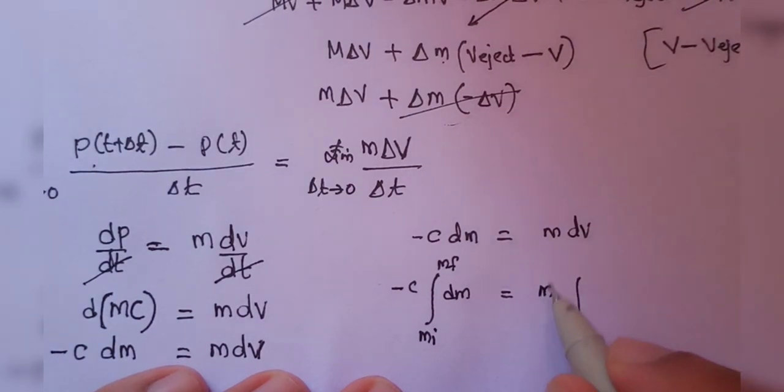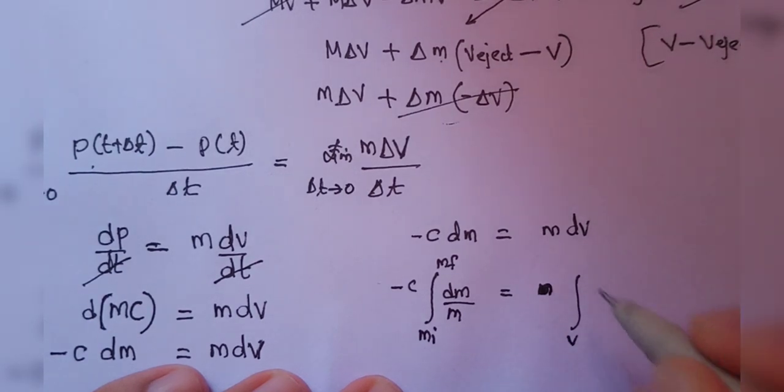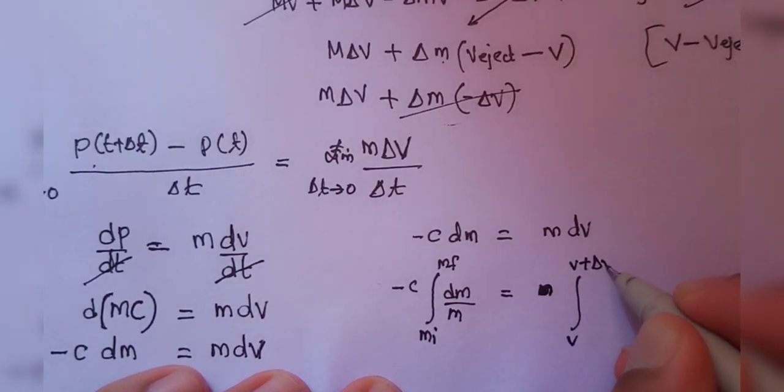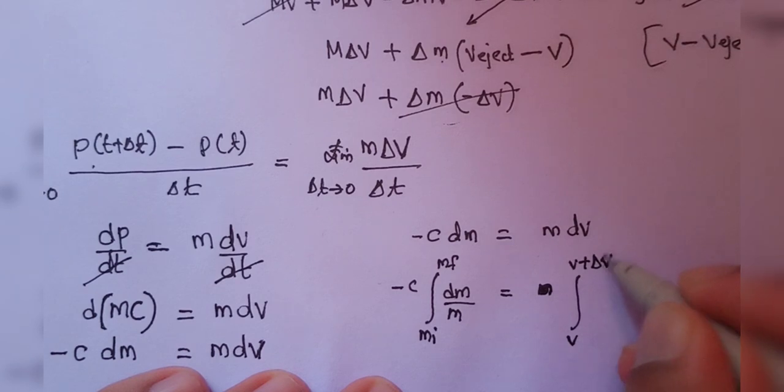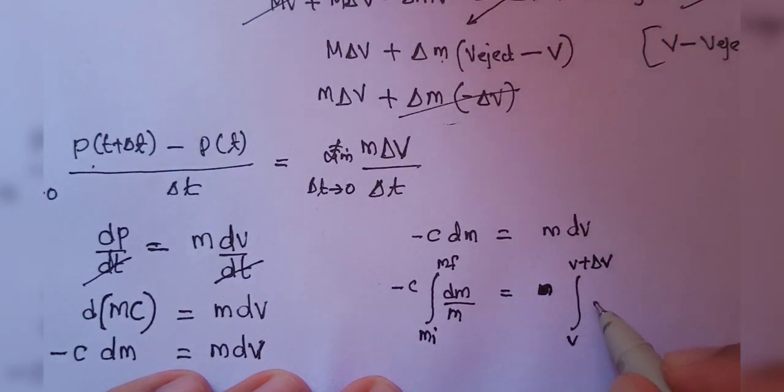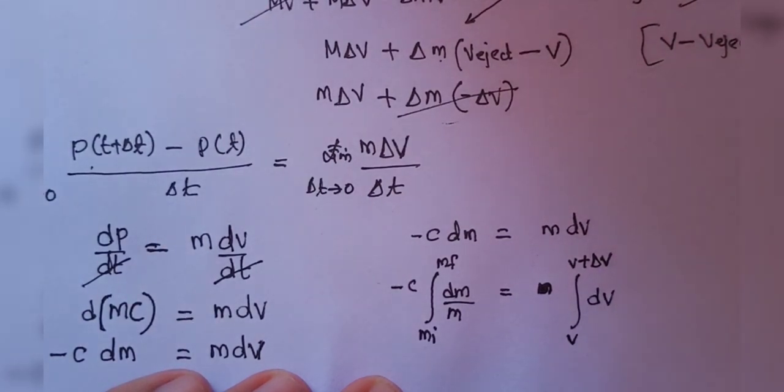I can take this m to this side. Now this will be from the velocity v to v plus delta v, so delta v is the difference, the gain in the velocity.